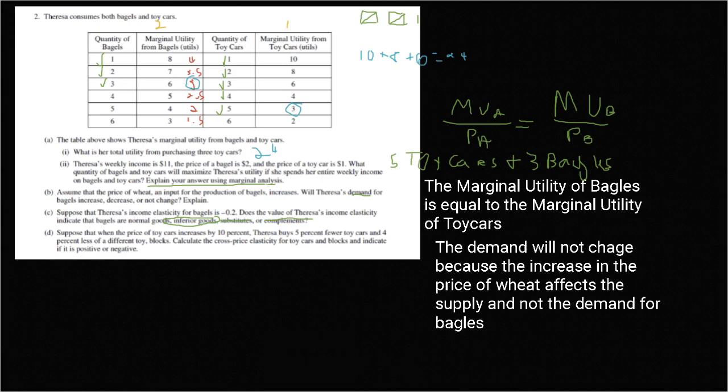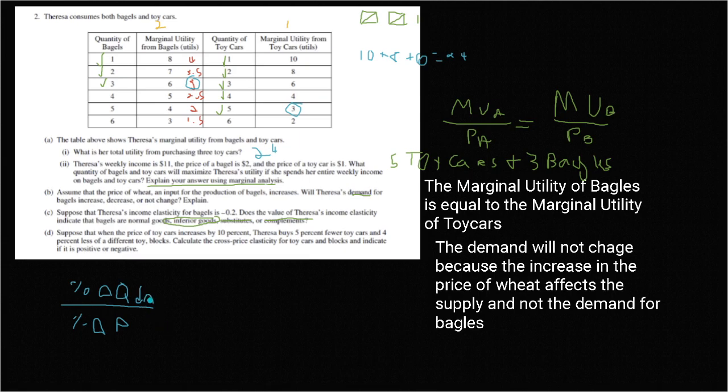The cross price elasticity of demand is the percent change in quantity demanded over the percent change in price.